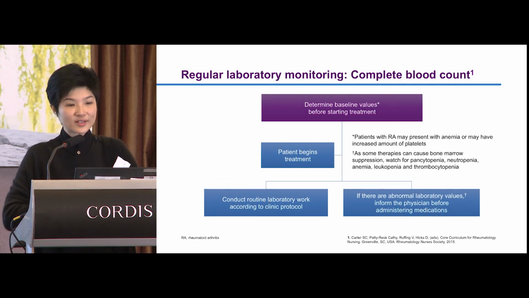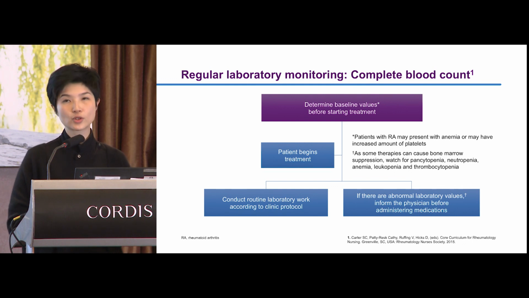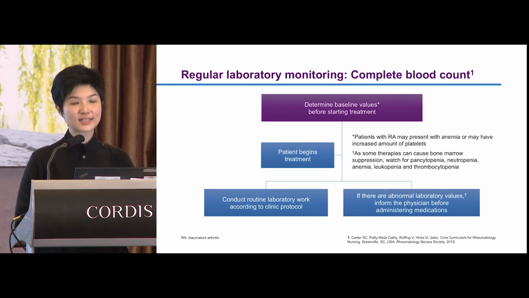So just like ESR and CRP, before we start the treatment for a patient, we should check the baseline CBC, because patients with RA may present with anemia, which is a normochromic, normocytic anemia, and may have an increased amount of platelets.